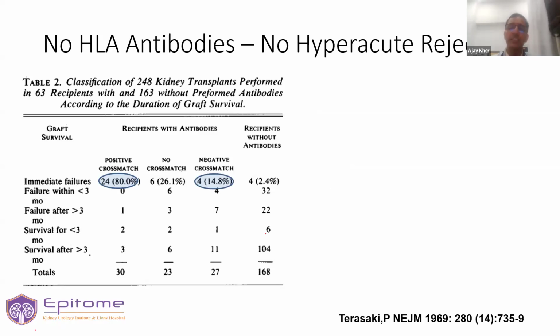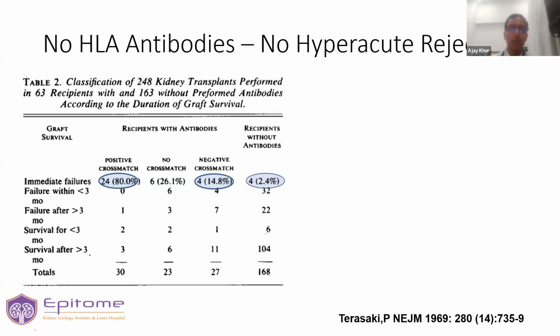Again, we are talking 1969, when thymoglobulin, tacrolimus and other immunosuppression were not available. Some of these failures were likely related to low immunosuppression or surgical technique, which is probably better now with the number of surgeries that have happened.